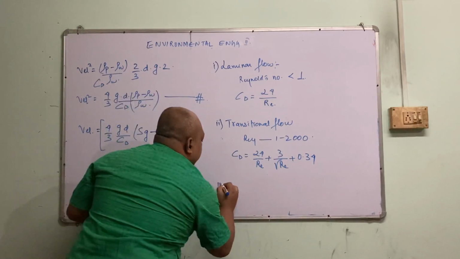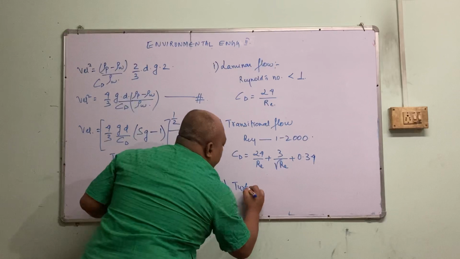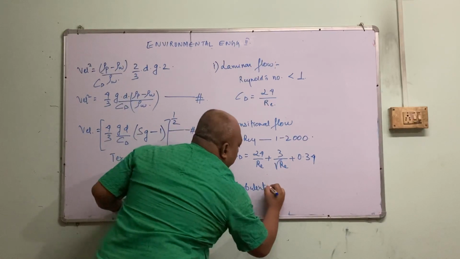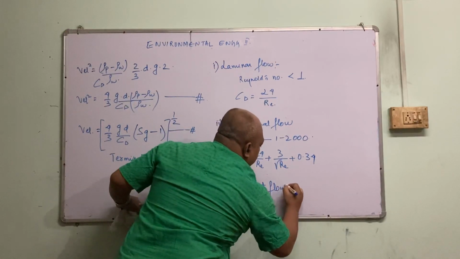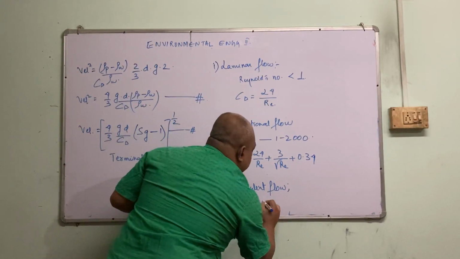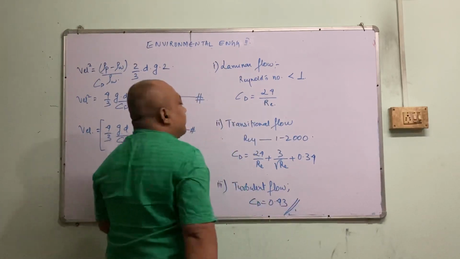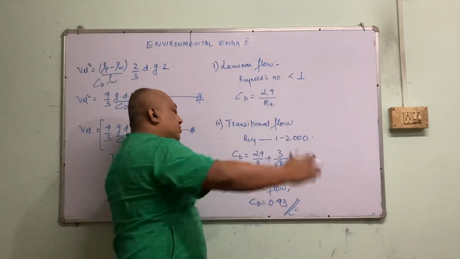Number 3, if it is a turbulent flow, then CD is equal to 0.43, that means RE more than 2000.